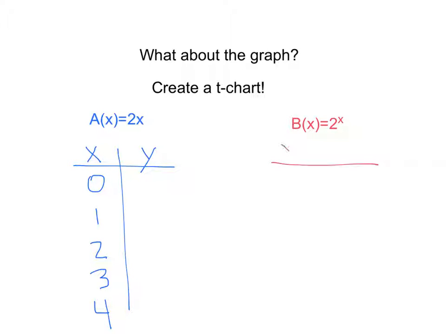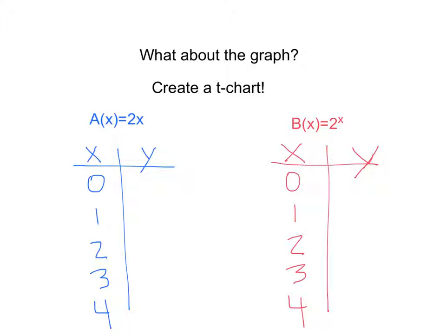For b of x, I'm going to look at those same values. 0, 1, 2, 3, and 4. We've already determined what x of 1, 2, 3, and 4 are for both of these equations when we looked at our previous t-chart. So I'm really only going to have to calculate x of 0 for both values.